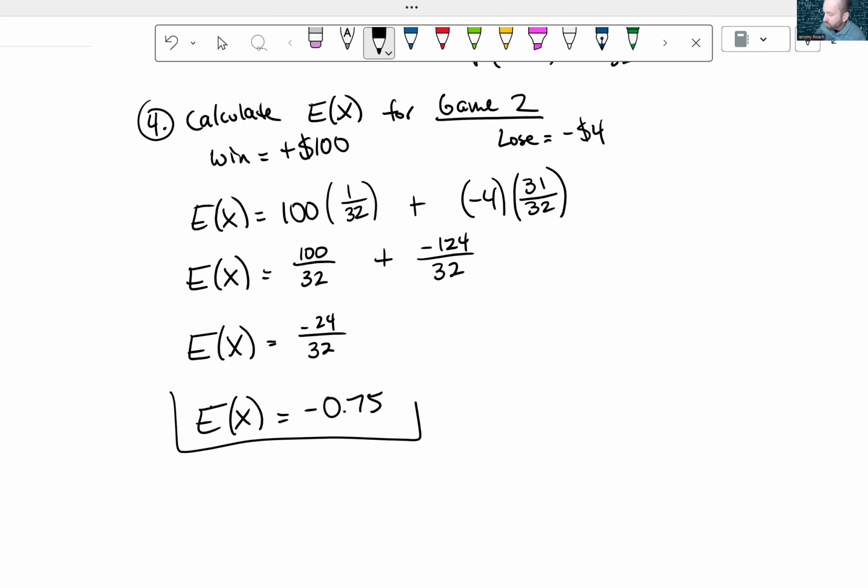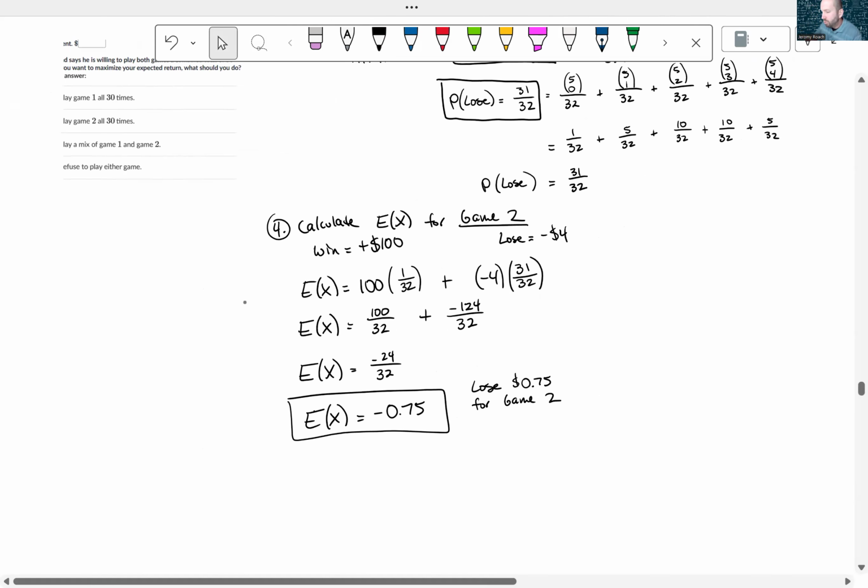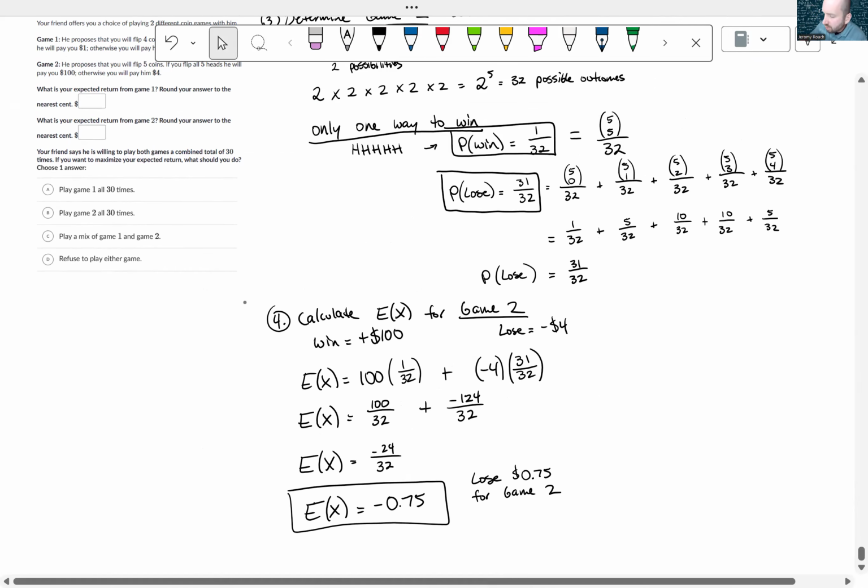Or we're going to lose 75 cents for game two. And that's every time that we play the game. That's what we would expect on average, to lose 75 cents per game. So for part two, we're going to write -0.75. And this first one was -0.25. We'll just write that again there.